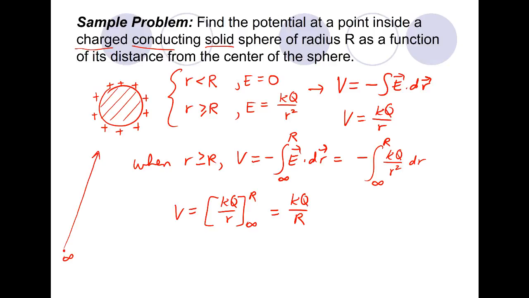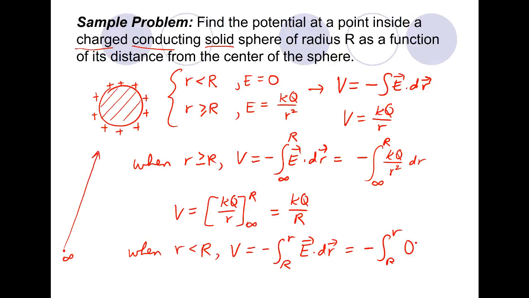But what happens when we're inside? Well, now when r is less than big R, we have the same expression, but we're going to go from big R to little r. Okay, wait a second. We are integrating the electric field, which inside of the sphere is 0.